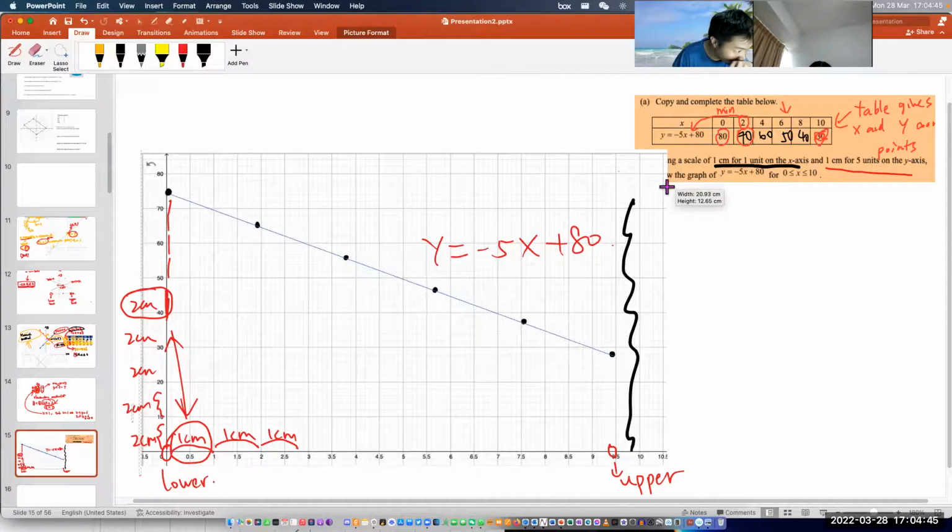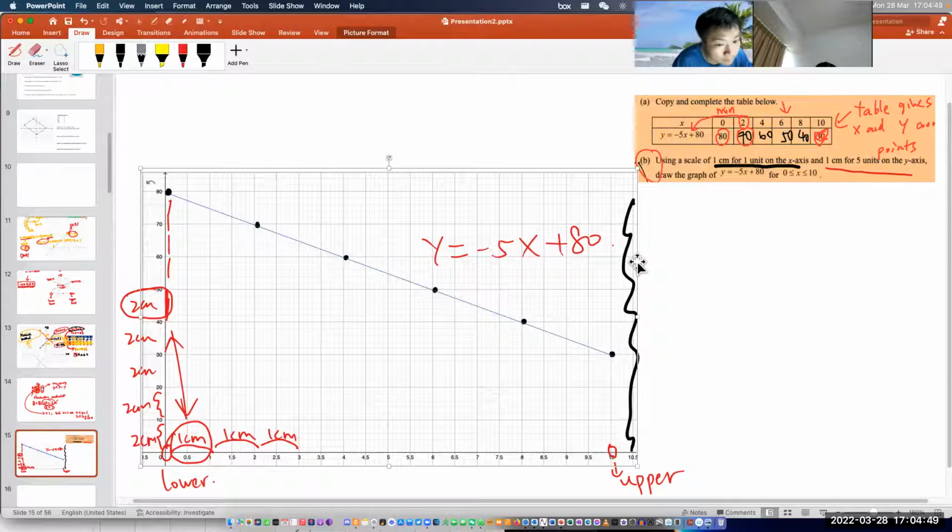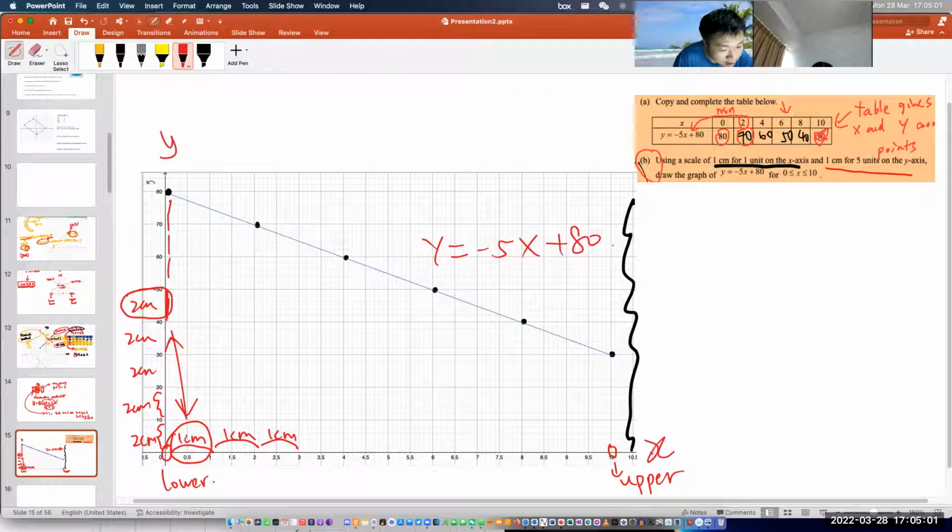Okay, so that's the thing I want you to take note. Okay, but overall, the graph should look something like this. And if you want to follow the scale, you need to follow the scale. Like for the y-axis, this is the y-axis, this is the x-axis. For the x-axis, it should be 1 cm 1 unit. For the y-axis, it is 2 cm 10 unit.